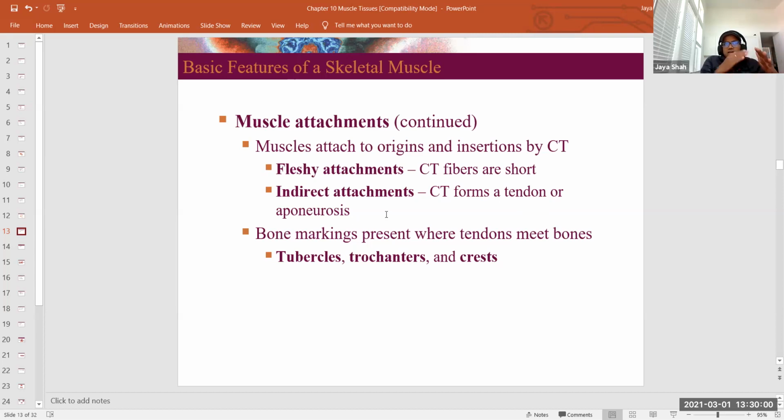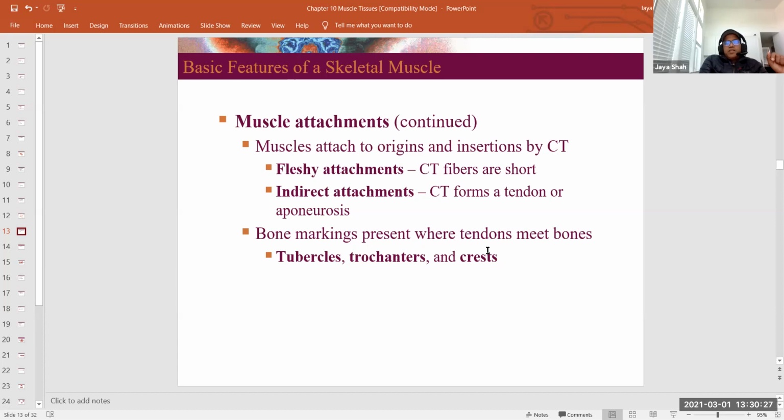In this case, the muscle cells are slightly away from the bones. Okay. And you know what tendon and aponeurosis are. Tendon is when the connective tissue converges and attaches to the bone, and aponeurosis is when it diverges and attaches to the bones.